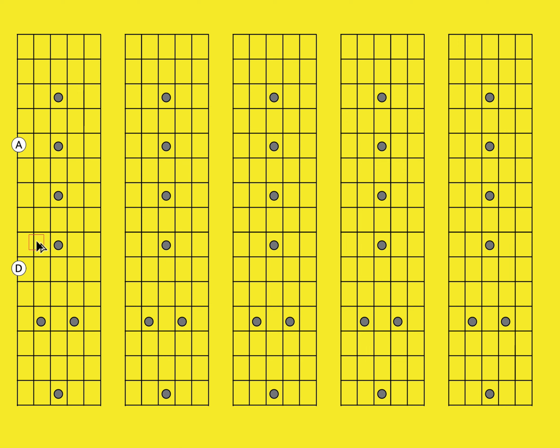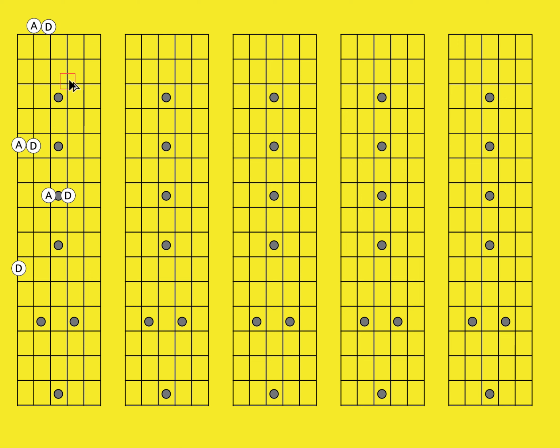Now, the perfect fourth is also the note right next to it on the adjacent string, same fret in most cases. I say most cases because, for instance, here we have A and the D is right next to it. Similarly, we have the open A string and the D is right next to it.